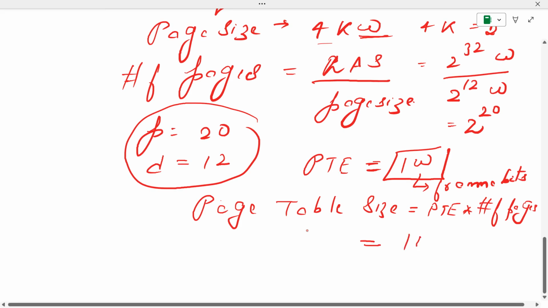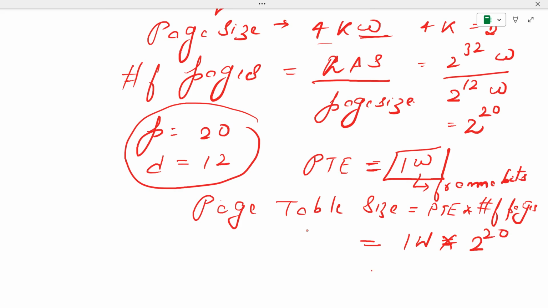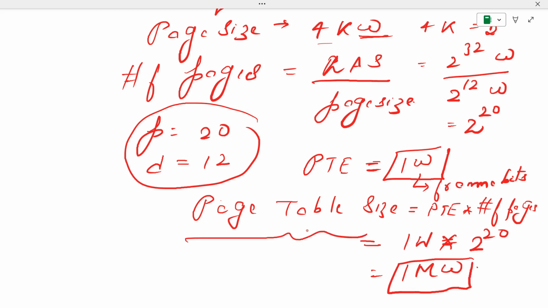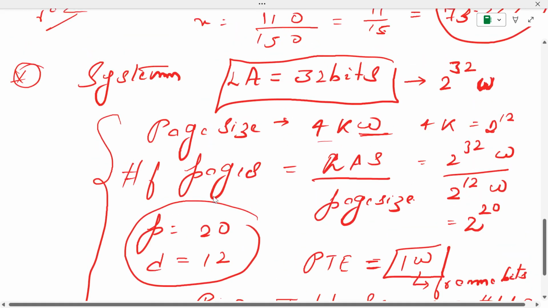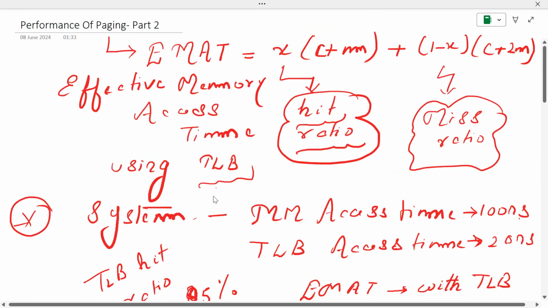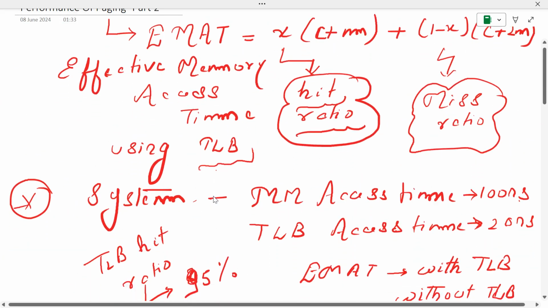So it will be one word into 2 raised to the power 20, that is 1 MW, right? So this is the page table size. This is not about effective memory access time, it is about the page table size. So these are the various questions that will come from paging.